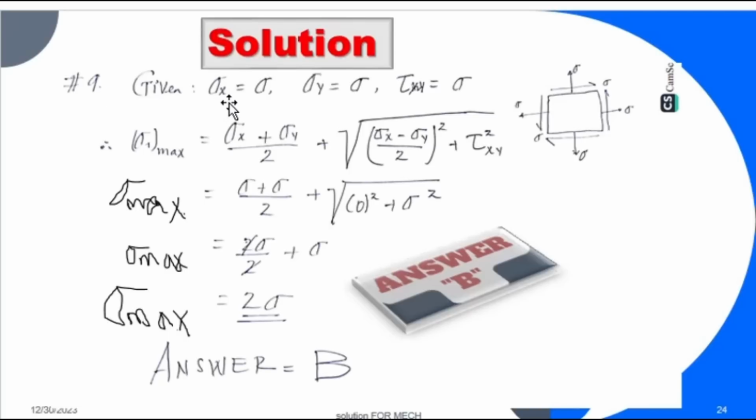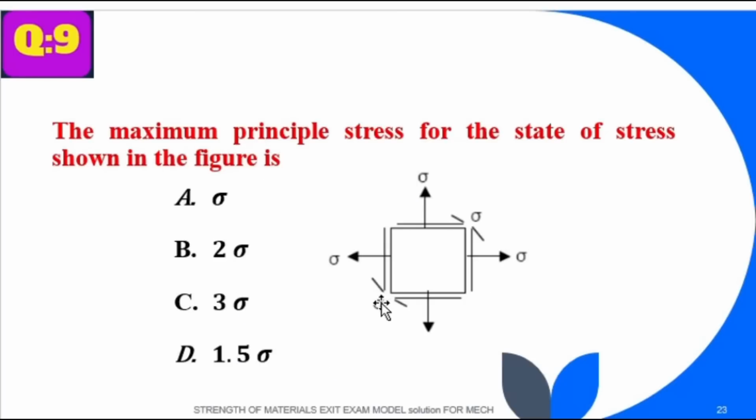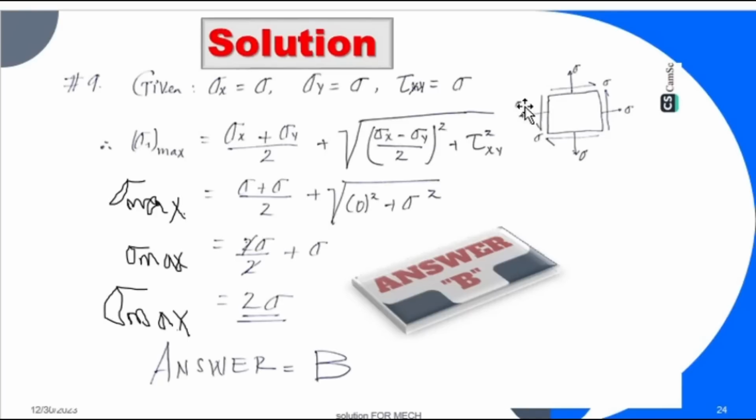We have equal stress along x and y, and the shear stress along xy is also given, which is equal to the individual stress. Therefore, we are asked to analyze the maximum principal stress, which is unknown.